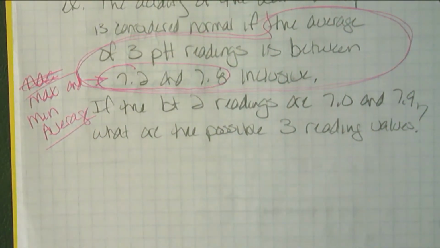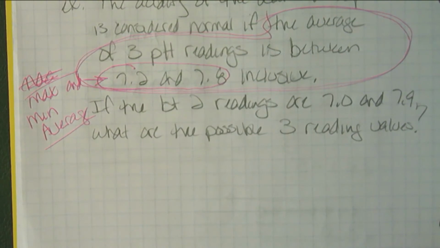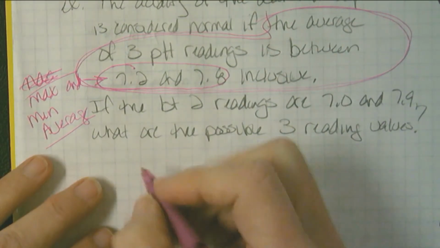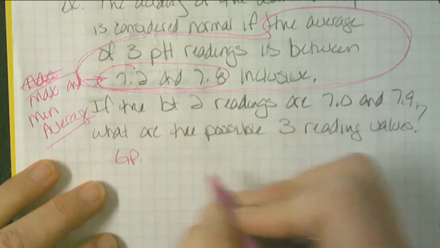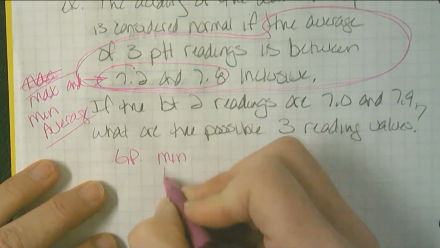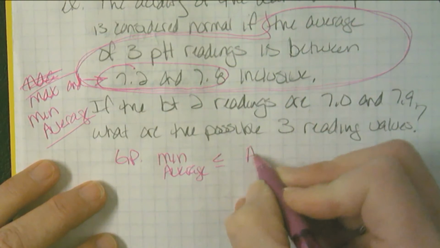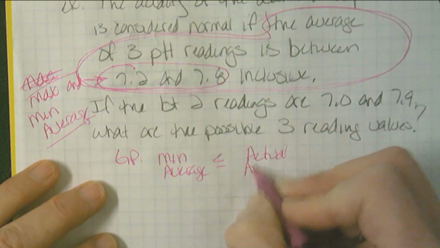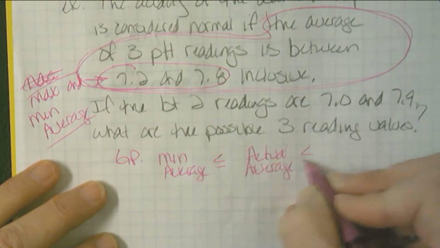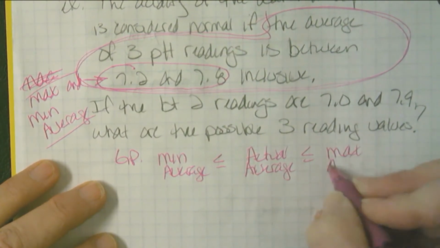How many of you guys see that? You guys with me on that? Jack, you with me? All right, so if I set up like a game plan, I would have minimum average is less than or equal to my actual average, which is less than or equal to my maximum average. That is my game plan.